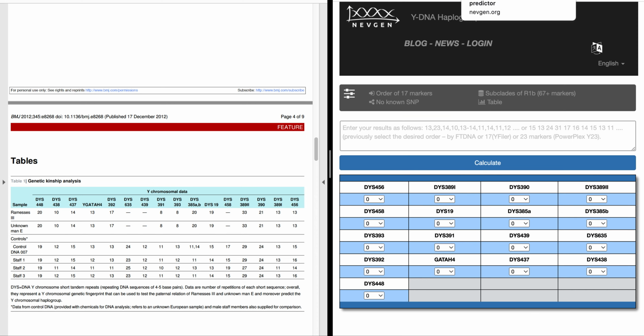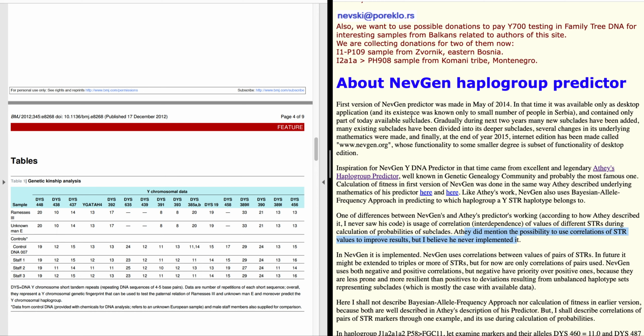Before we get started in NevGen, I want to show you the difference between NevGen and Athey's haplogroup predictor. The inspiration for the NevGen Y-DNA predictor came from the excellent and legendary Athey's haplogroup predictor, well known in the genetic genealogical community and probably the most famous one.